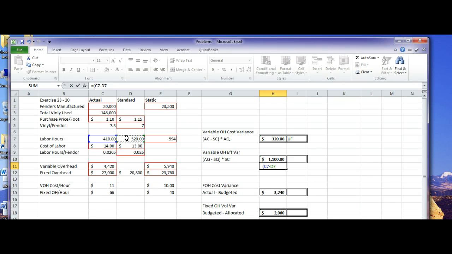Let's try that one. There we go. Times standard quantity times standard cost. Standard cost per hour is going to be variable cost per hour.